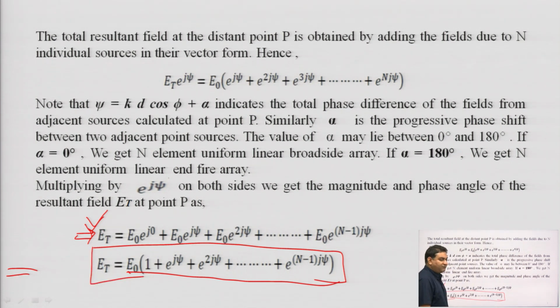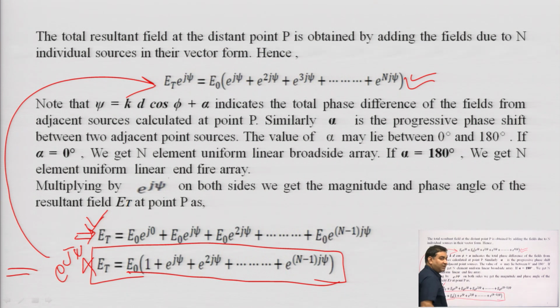So, if we multiply this equation by e to the power j psi like this, here we have multiplied e to the power j psi into this one, and we get the equation like this. Why have we done it?